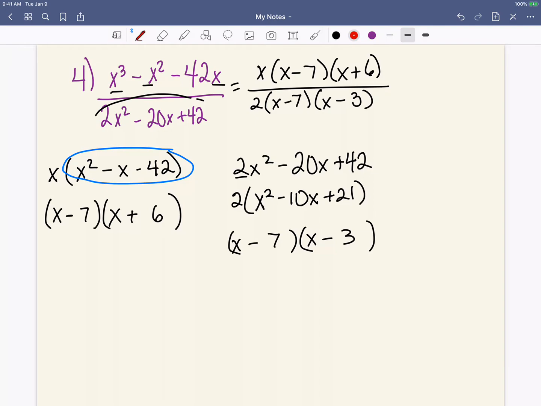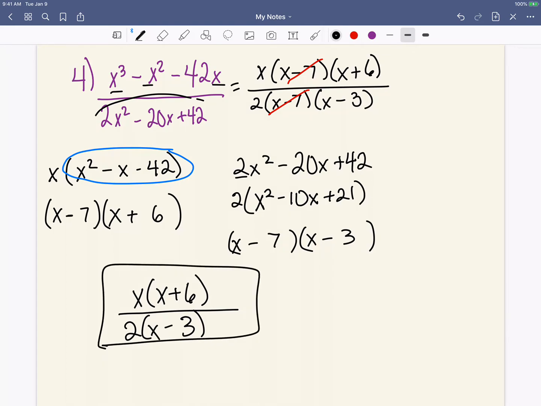Now once again, I'm going to check for any matching factors on the top and the bottom. I have my x minus 7s, leaving my final answer as x plus 6 over 2x minus 3. Okay, if your platform is asking you for the factored form, you would leave it just like that, because that's the basic factoring.